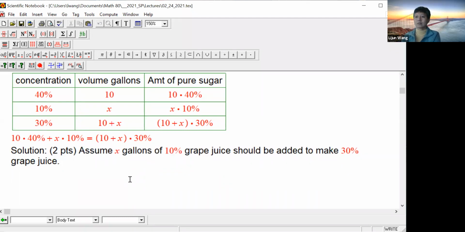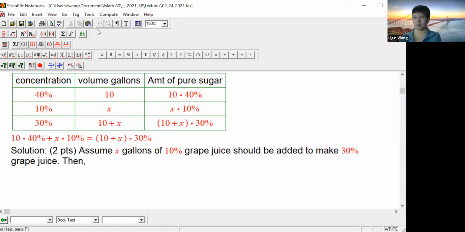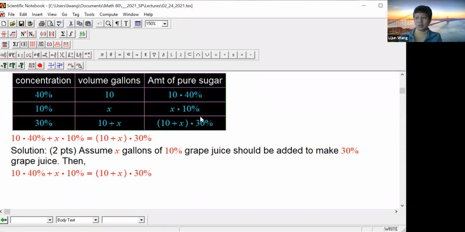And next, you can just go ahead with the equation. Then you put that equation right there. Then you'll say, how about this table? This table is optional.